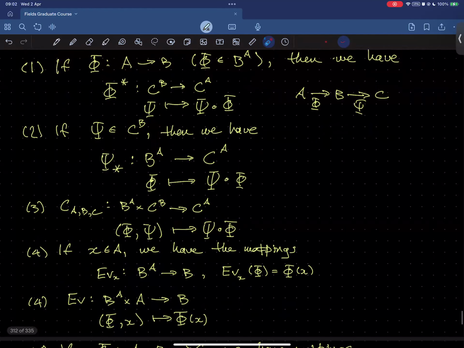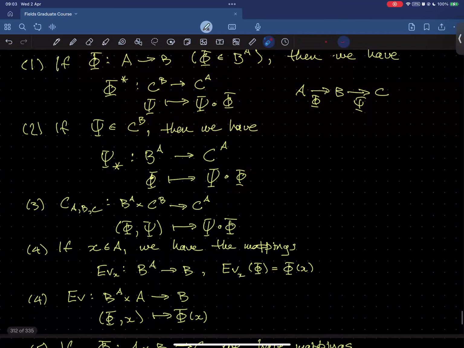And similarly, if I have a mapping psi from B to C, like in the diagram over here, then I have this mapping from the set of mappings from A to B into the mappings from A to C. And again, it's the same composition, just the variable is different now. So here the variable is psi, here the variable is phi.